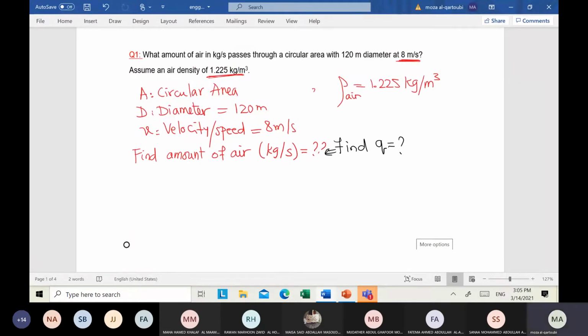Try to find the rule of Q, which depends on the given unit here.